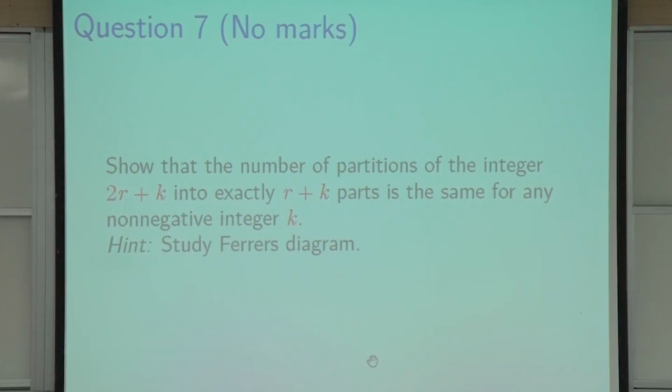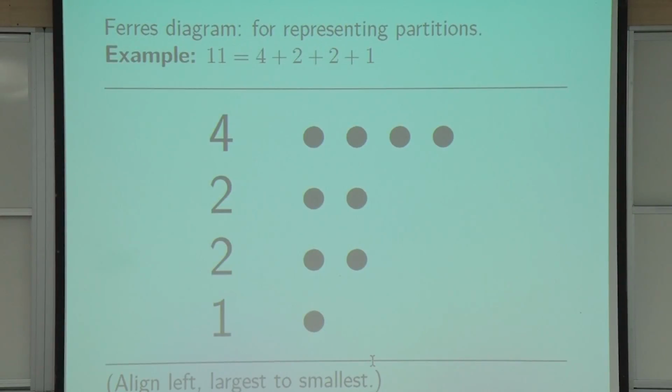And for the next questions, first we want you to show that the number of partitions of the integer 2r plus k into exactly r plus k parts is the same for any non-negative integer k. So we tell you to study the Ferrers diagram. A Ferrers diagram is pretty straightforward. It is a diagram we use to represent how we partition an integer.